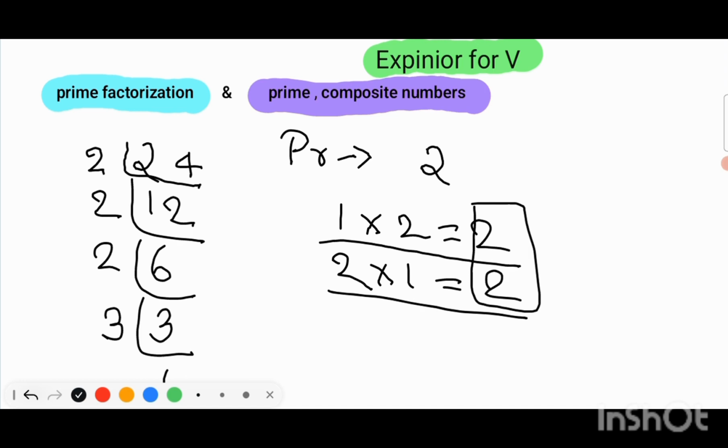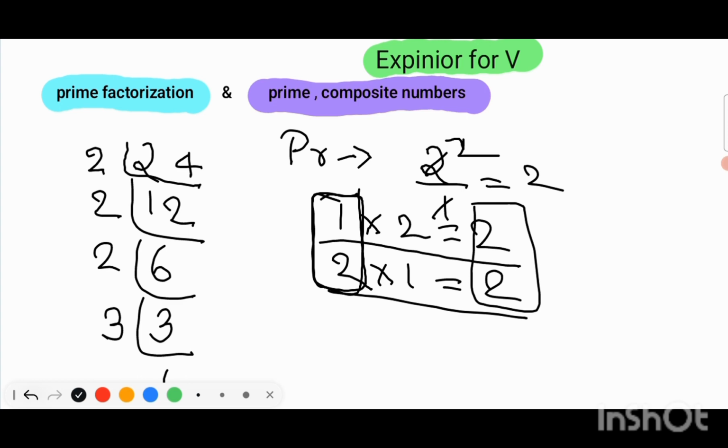So 1 and 2 are the factors of 2. Factors are those numbers which have the capacity to divide a number. 1 has the capacity to divide any number. 1 ones are 1, 1 twos are 2.